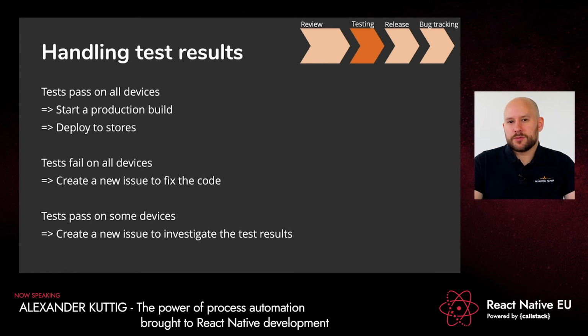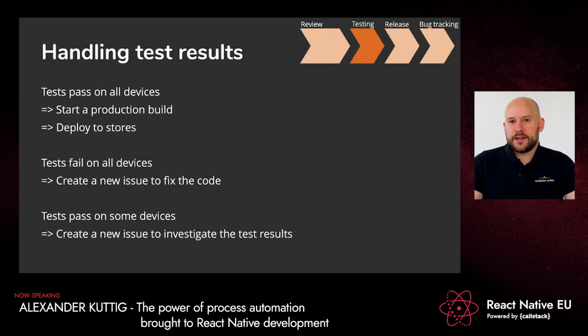We tried to work with some percentage values, to say if 90% of the tests pass, we go on and start our production build. But at the moment, we fell back to just creating a new issue inside our Jira board, which basically says the tests didn't work on all devices as expected.